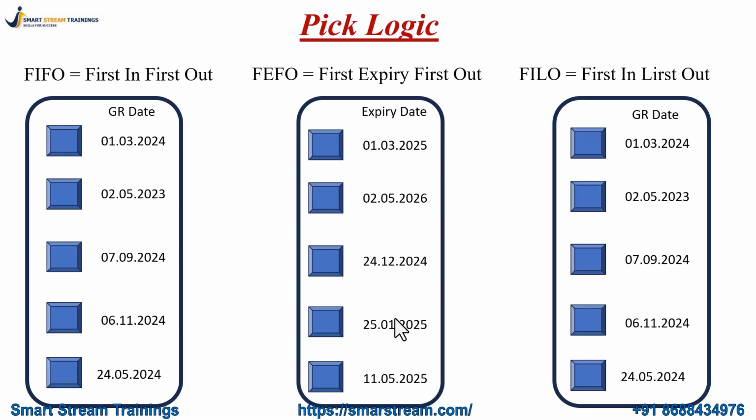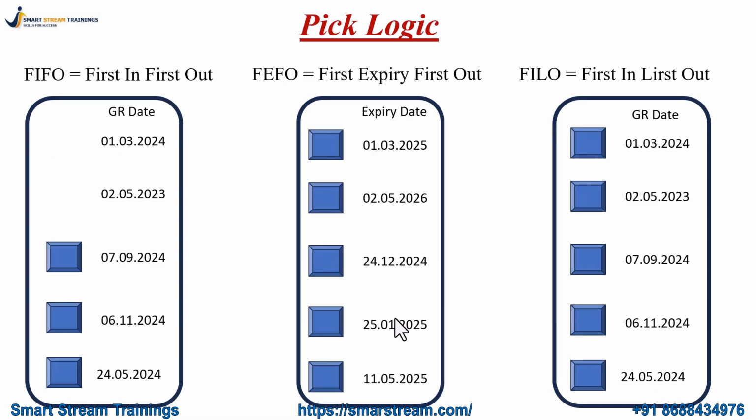The second one we received in 2023. That is one of the old products which we are maintaining in the warehouse, received in the year 2023. So with this FIFO logic, we have to issue those goods first. So we have issued those goods, and what is next? As we can see, the topmost one, which we received in the third month of 2024, the system will pick that product next.